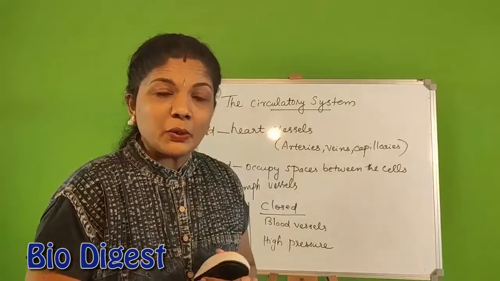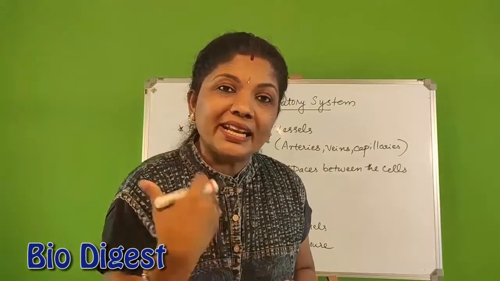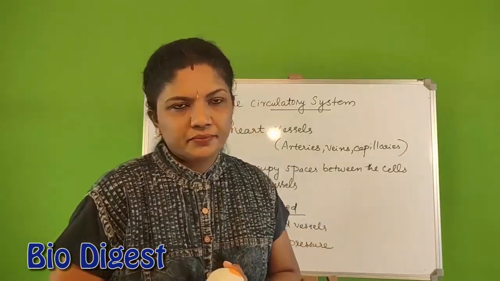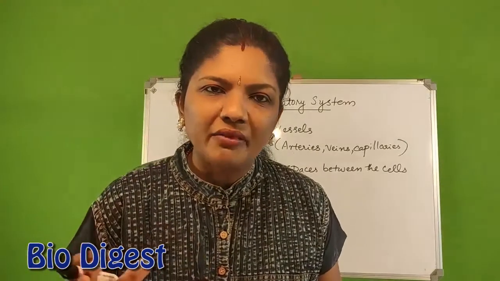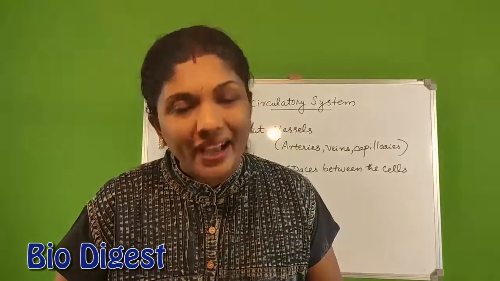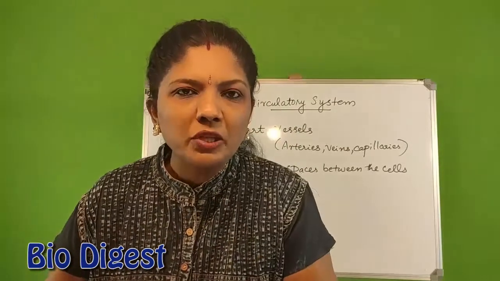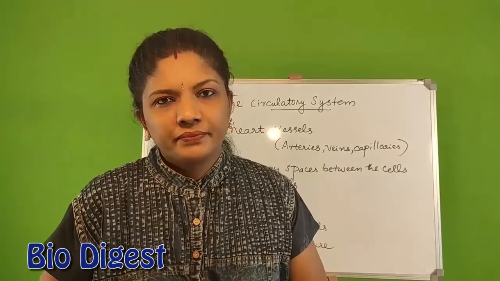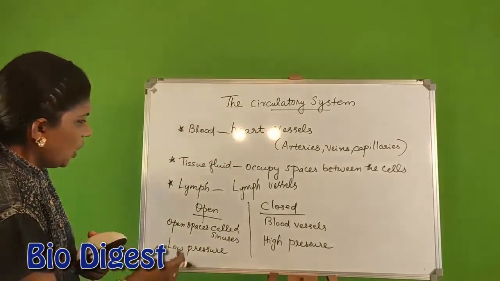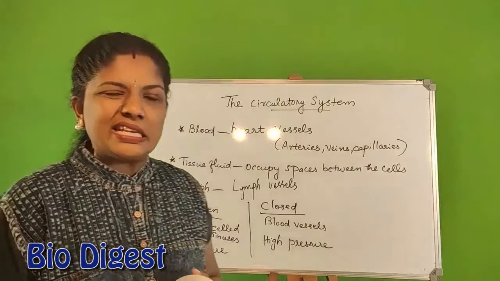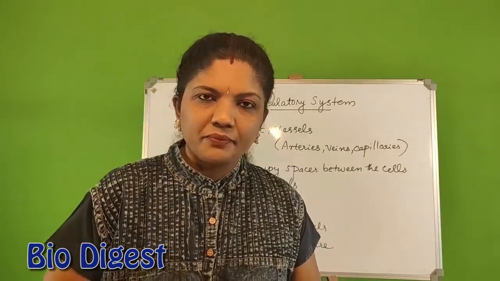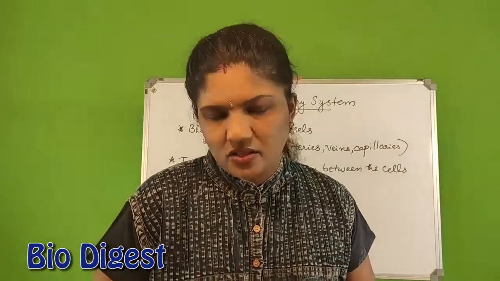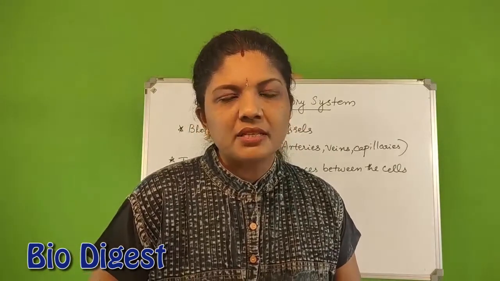In an open circulatory system, the blood is in direct contact with the tissues, whereas in a closed circulatory system, the blood has no direct contact with the tissues, because the blood is flowing through blood vessels. The open circulatory system is seen in insects, mollusks, arthropods, etc. The closed circulatory system is seen in all the vertebrates, echinoderms, etc.